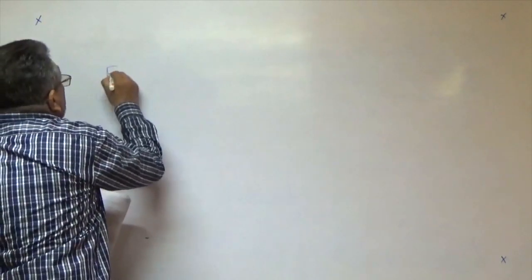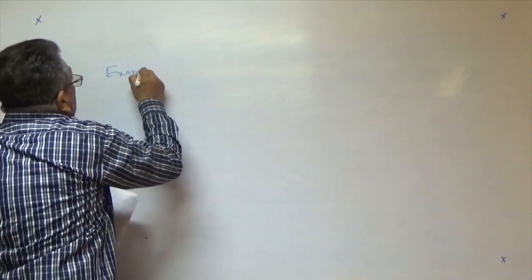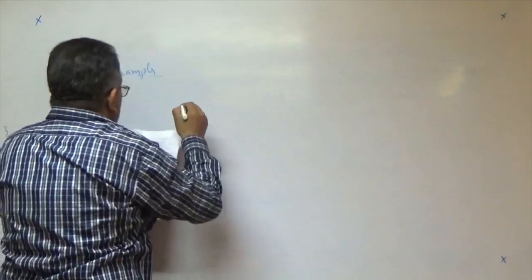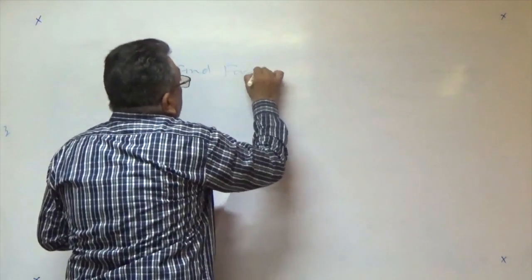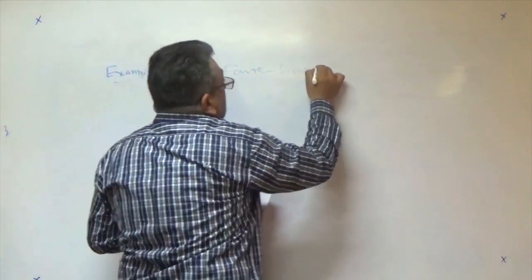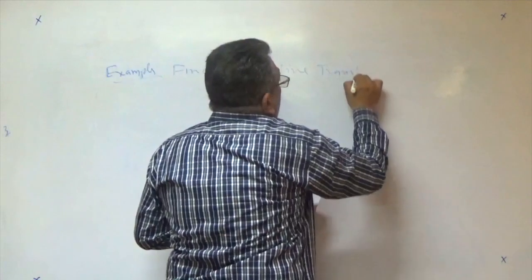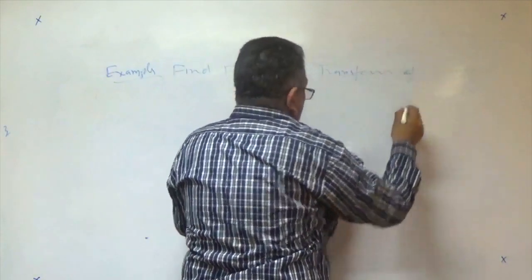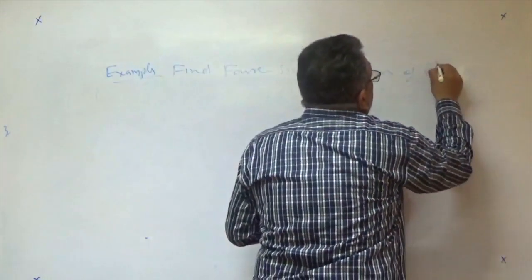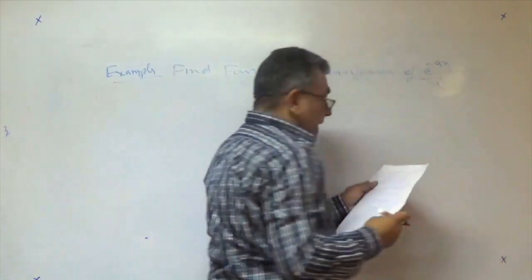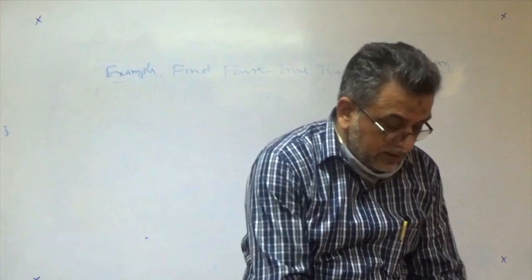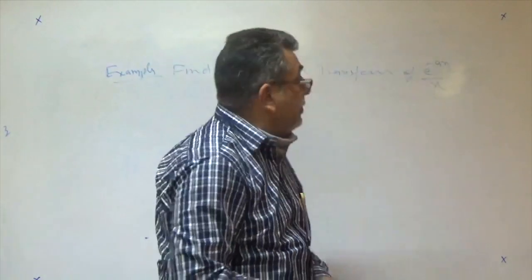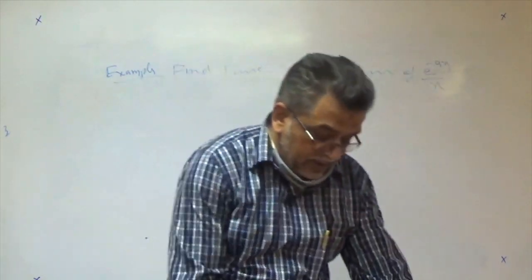Next numerical example: find the Fourier sine transform of e to the power minus ax upon x. This is the next example of the Fourier sine transform.